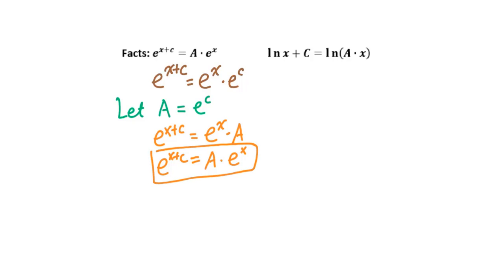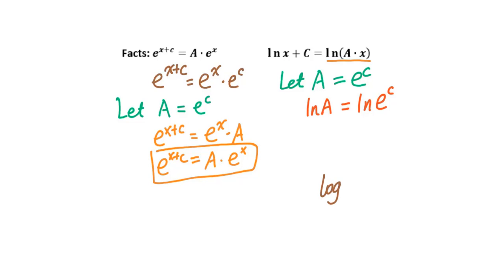For natural log x plus c, we can write it this way. Still, we will make a equals e to the c's power. Then we take natural log of both sides. You will get the natural log of a equals natural log of e to the c's power. Here's the formula. We know log base a of a to the x power equals x.